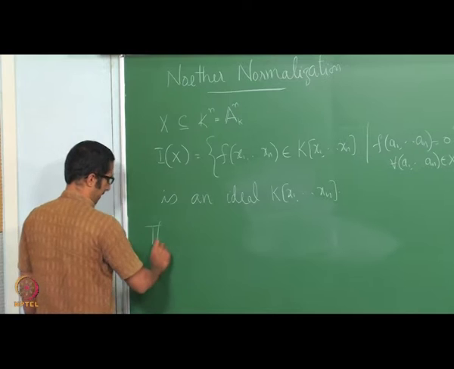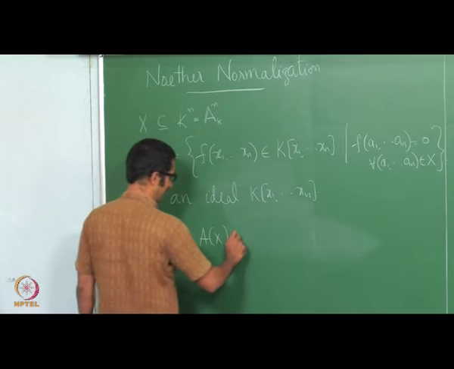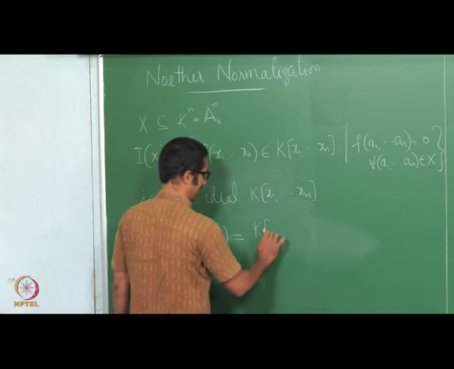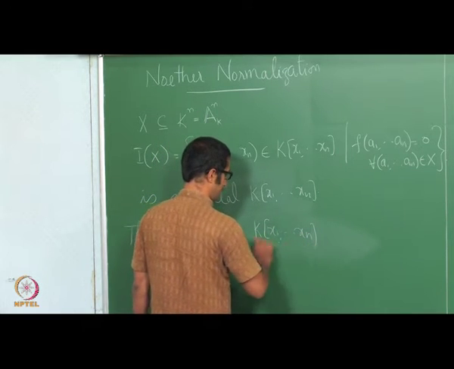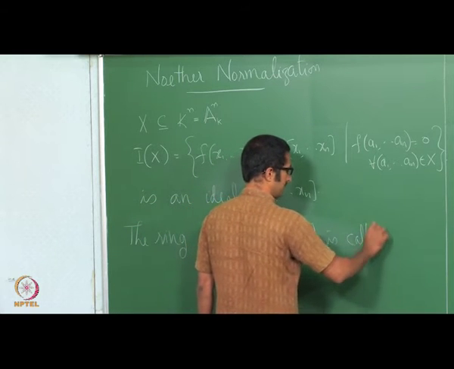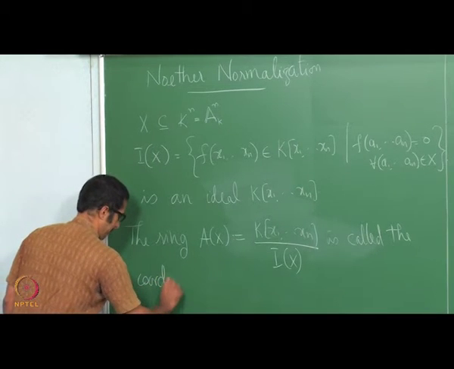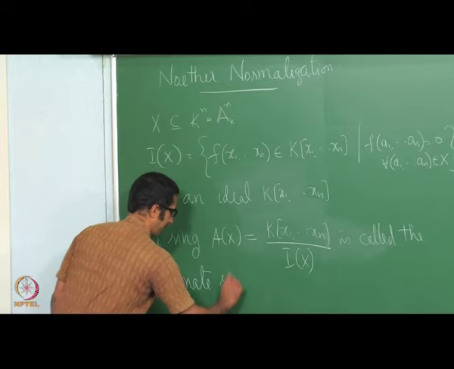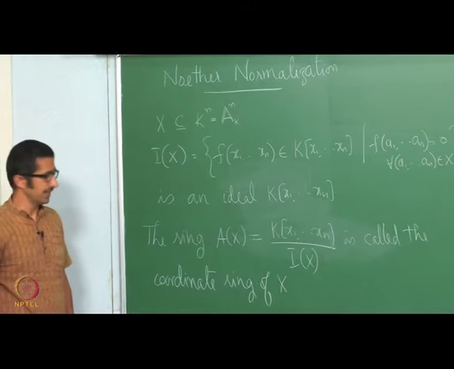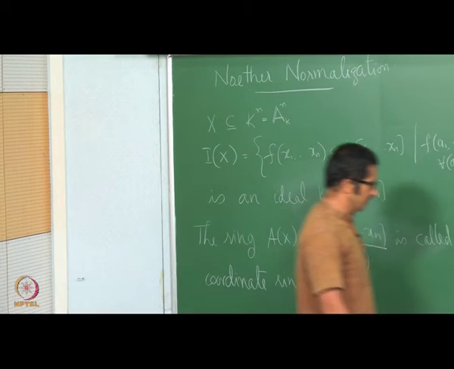The ring K[x1, ..., xn] modulo I(X), usually denoted by A(X), is called the coordinate ring of the algebraic set X.